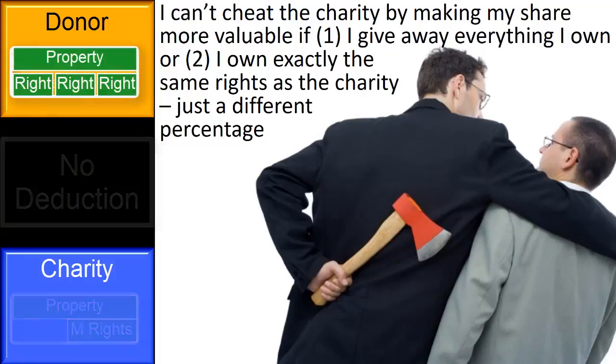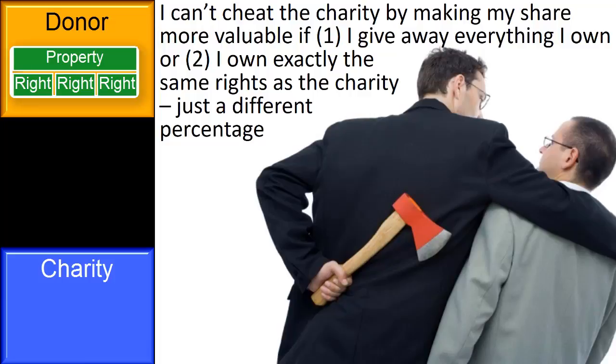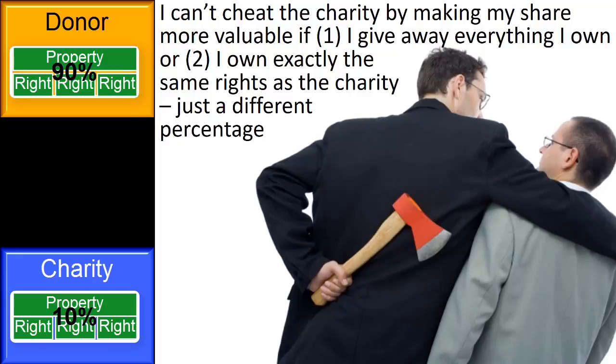However, the donor may retain rights to the property if the donor gives an undivided portion of all of the rights owned by the donor. In this case, the donor gives a percentage, say for example 10%, of all of his rights in the property to the charity.